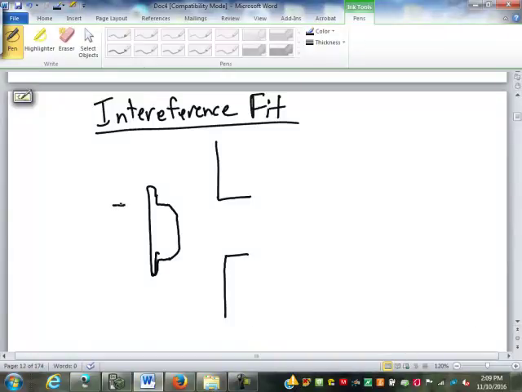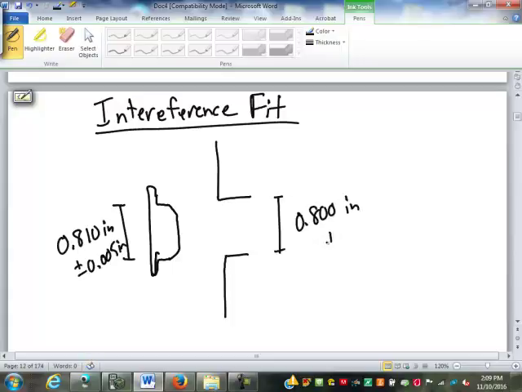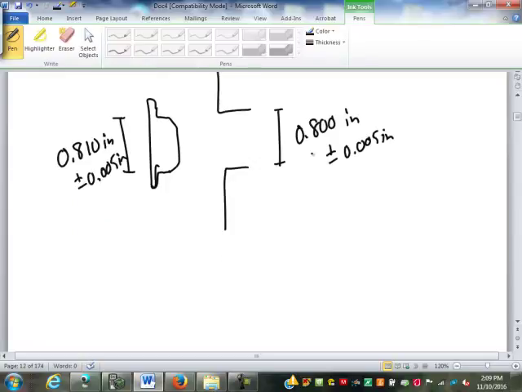Okay, so let's say that our plug here is dimensioned 0.810 inches plus or minus 0.005 inches again. And our hole here, 0.800 inches plus or minus 0.005 inches. So again, we're going to look at our plug and our hole.